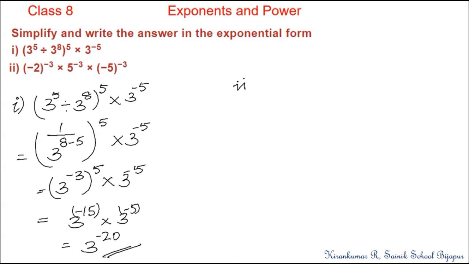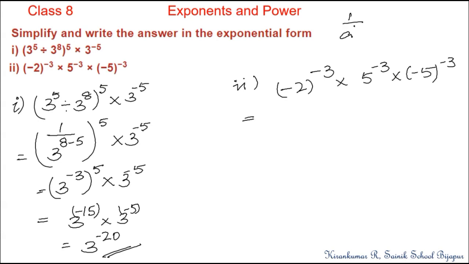For the second one, it is minus 2 raised to the power minus 3 multiplied to 5 to the power minus 3 multiplied to minus 5 to the power minus 3. We all know that 1 by a to the power of m is same as a to the power of minus m.